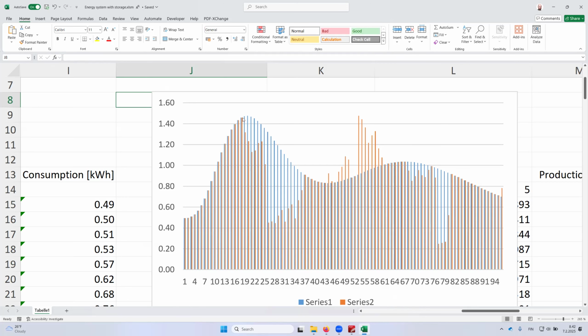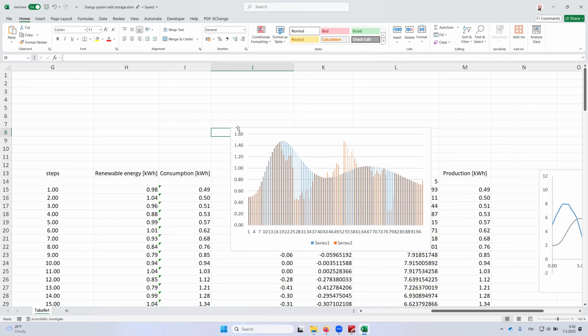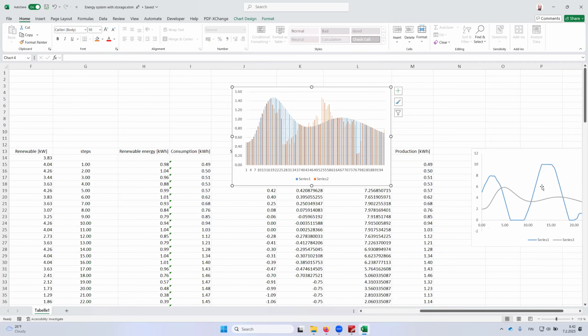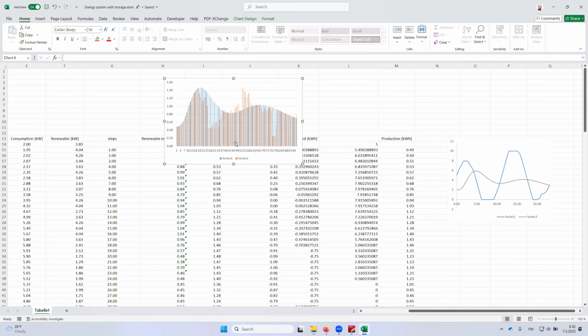And as you can see in here, the production doesn't match the consumption. And that is because our battery doesn't cover any more of the energy demand that's being left from the renewable energy.